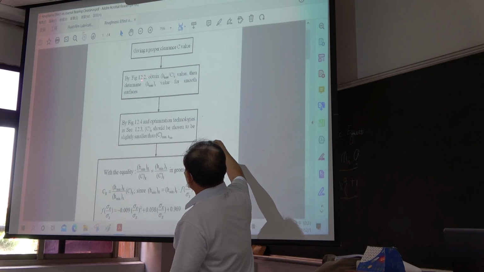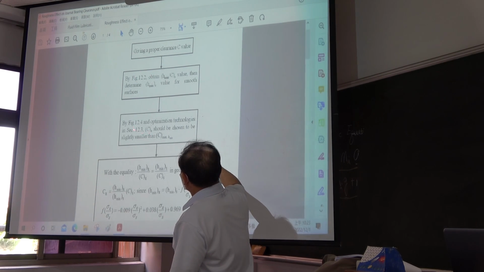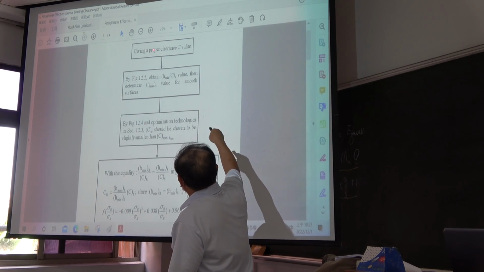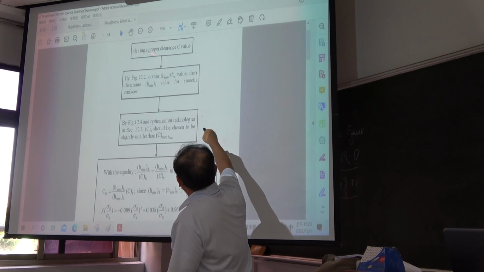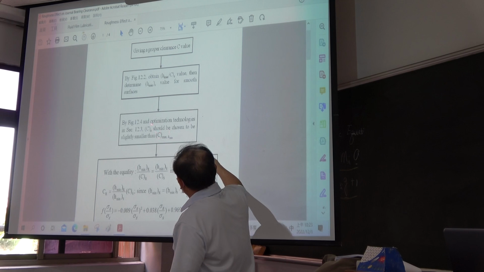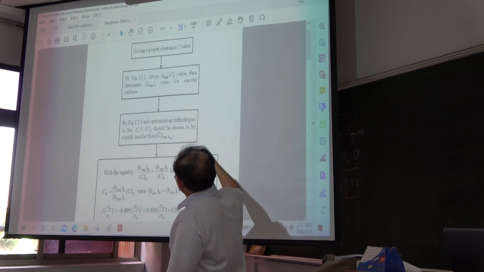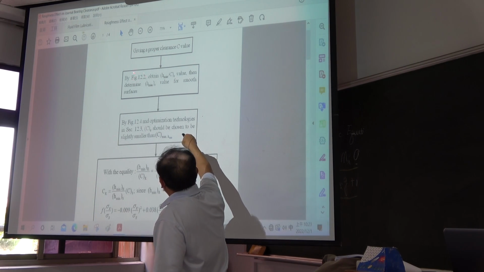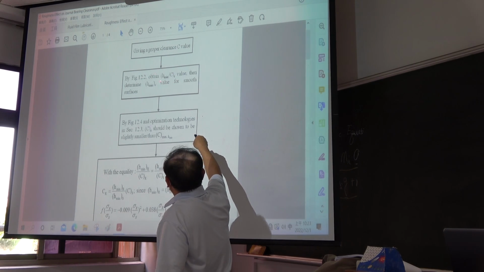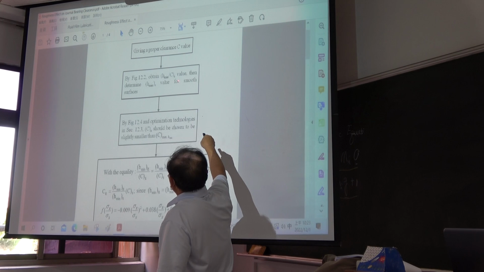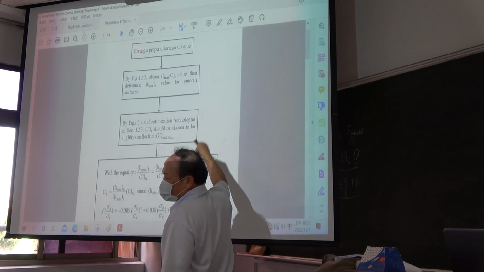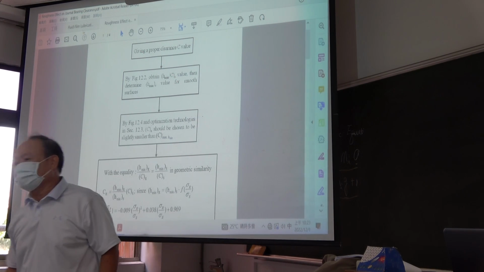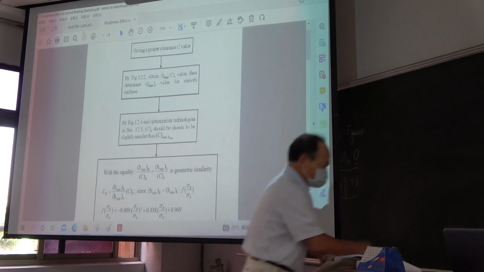And then from this figure, this block should be put first as the first block. Okay, this block, move it to here. All right. Then 我们然后用这个 figure 12.2 to obtain this value. This subscript means it's a smooth surface. Okay, here.